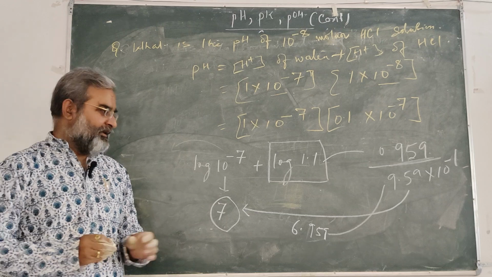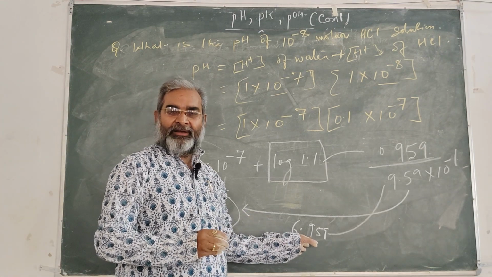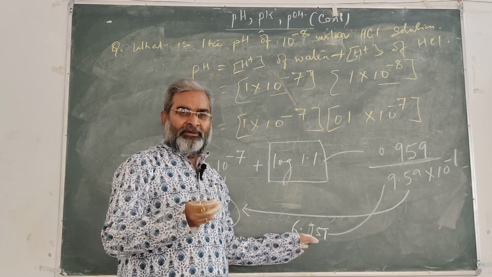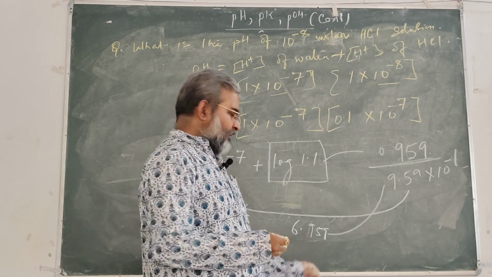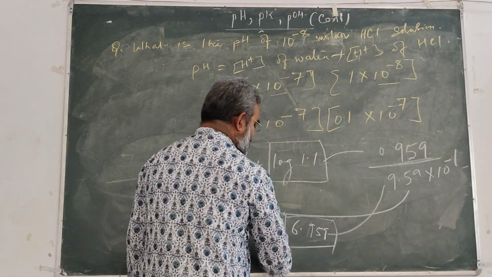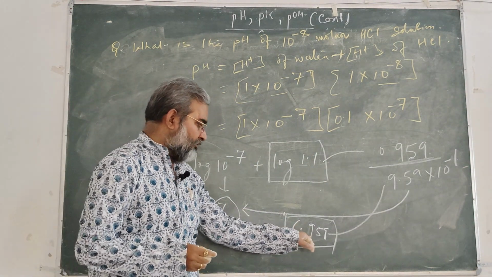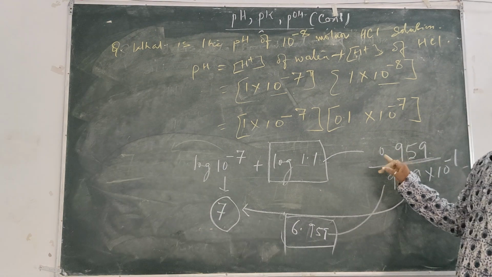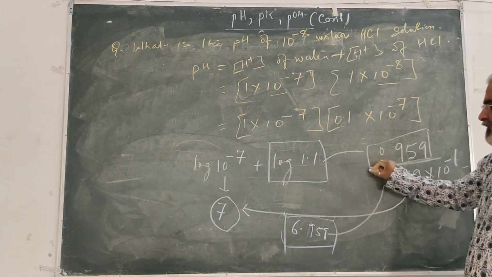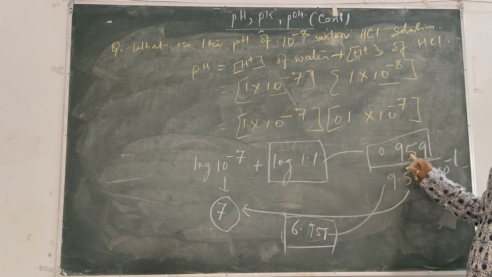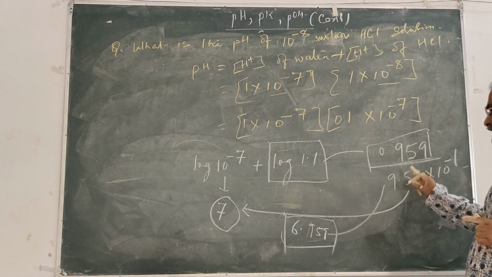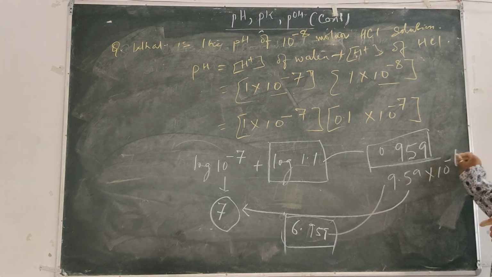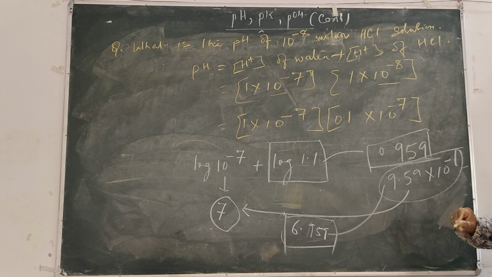Clear? उसका एंटी लॉग भी दिया हुआ है उसमें, ये वैल्यू है। हाँ तो this one is the anti-log value. हाँ वही बतला रहे हैं जी, वही तो समझा रहे हैं। This one is the actual value 0.959, this is the actual value, but if we convert in this form, that means 9.59 multiplied by 10 power minus 1.